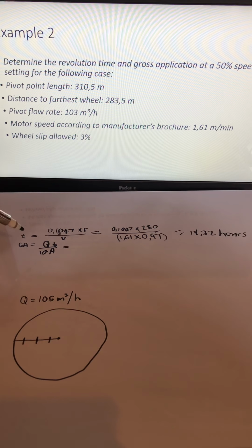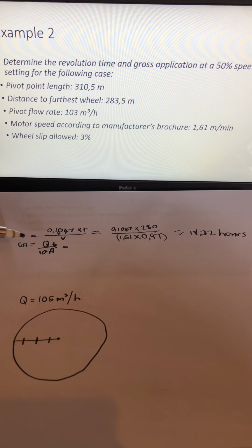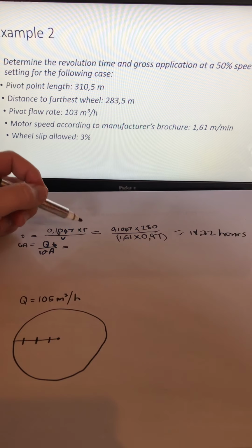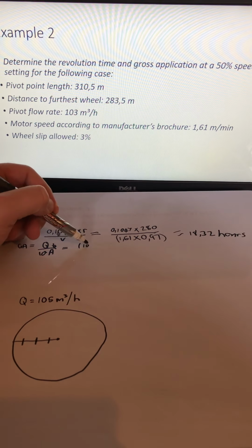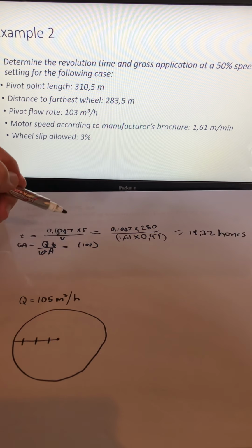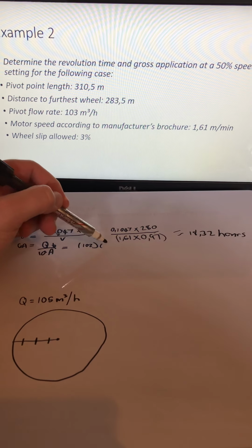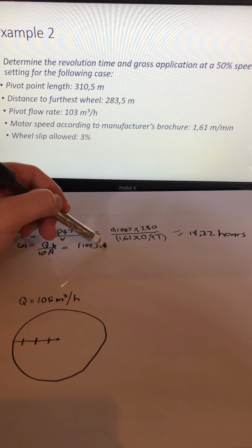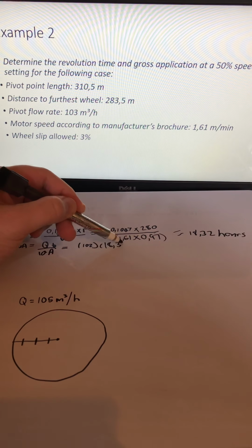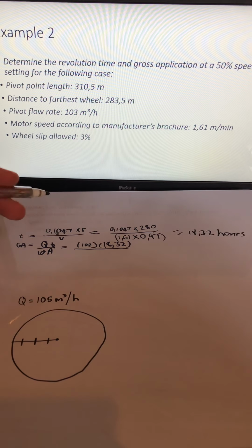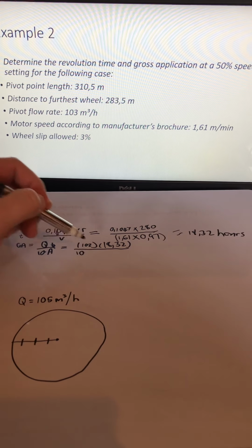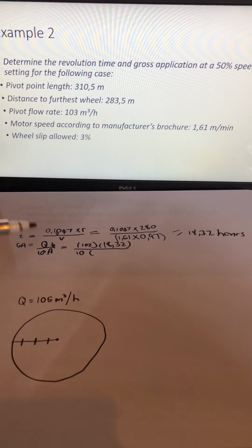So that Q is the flow rate, the rate at which water is moving out of the center pivot, and that is 103 cubic meters per hour, multiplied by the time that was calculated in the previous sum. So divided by 10 and then divided by the area.